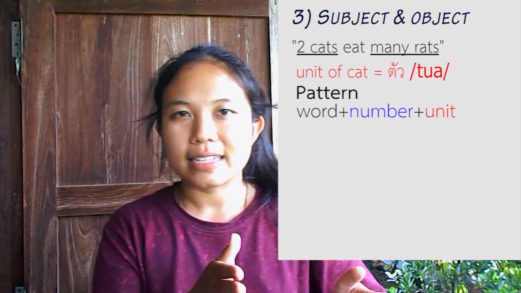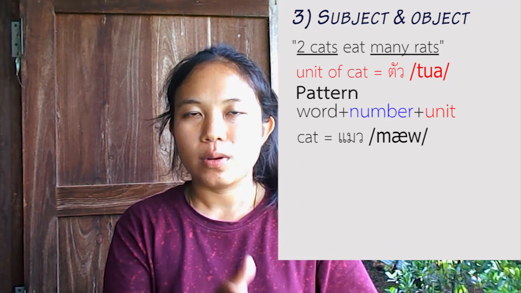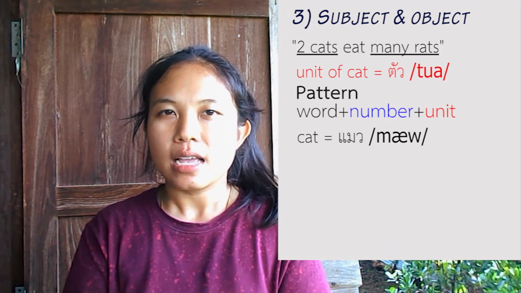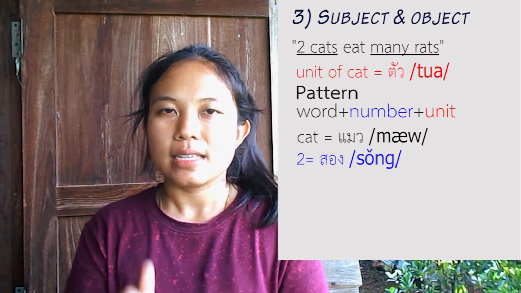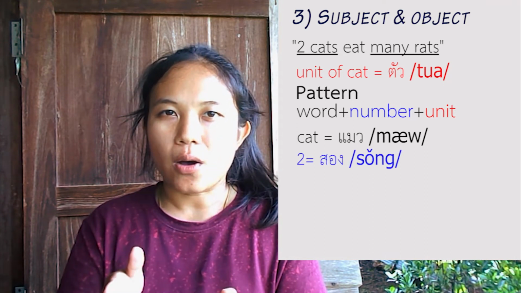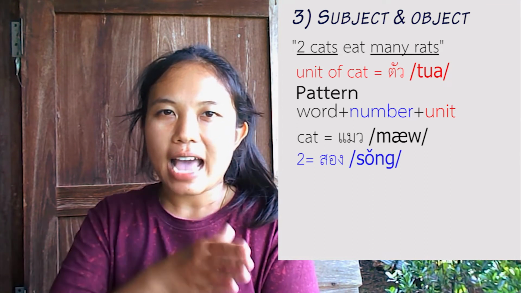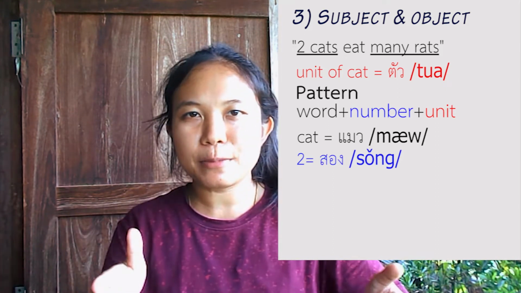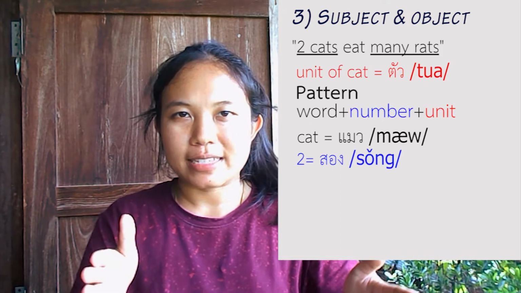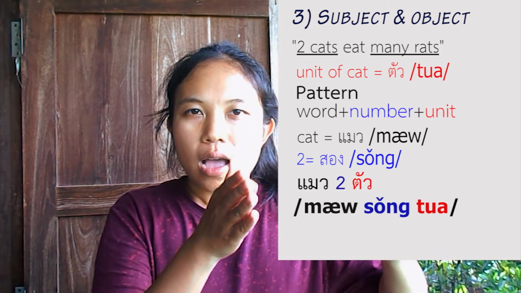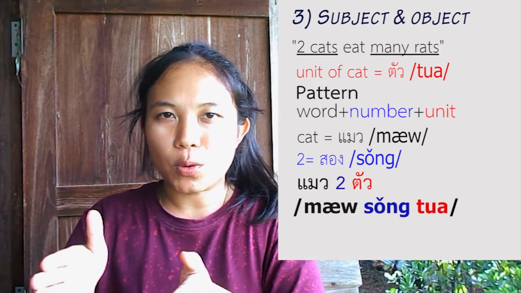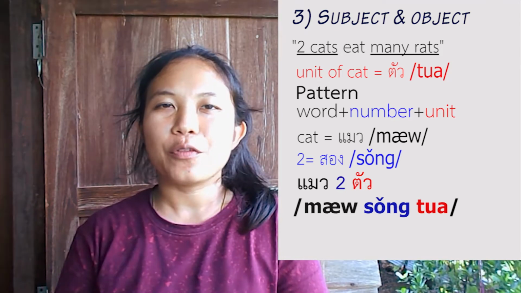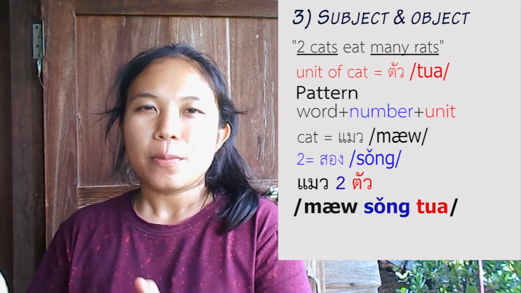So cat in Thai is แมว, and then the number 2 in Thai is สอง, and then the unit of the cat is ตัว. So we have the subject, that is the phrase แมวสองตัว, that means two cats.